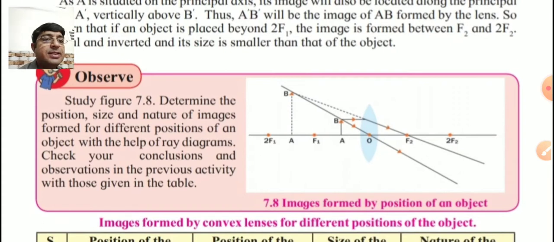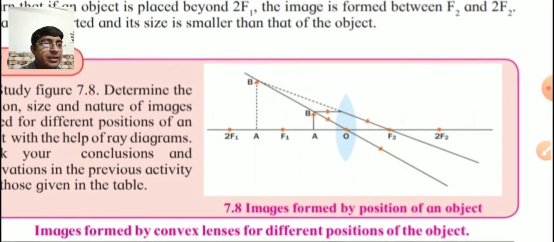Study figure 7.8. Determine the position, size and nature of the image formed for different positions of an object with the help of a ray diagram. Check your conclusion and observation in the previous activity with those given in the table.